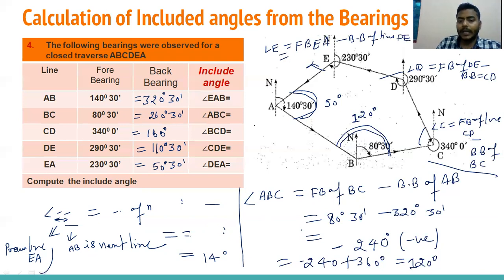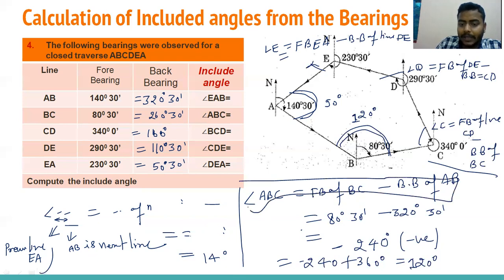Similarly, you can calculate angles A, B, C, D. Whenever you are applying this formula and the angle is coming negative, then add 360 degrees. This is very important. Then that would be the interior angle. When the traverse is running anti-clockwise, you will get the included angle as the interior angle. When the traverse is running clockwise, the included angle will give the exterior angle.